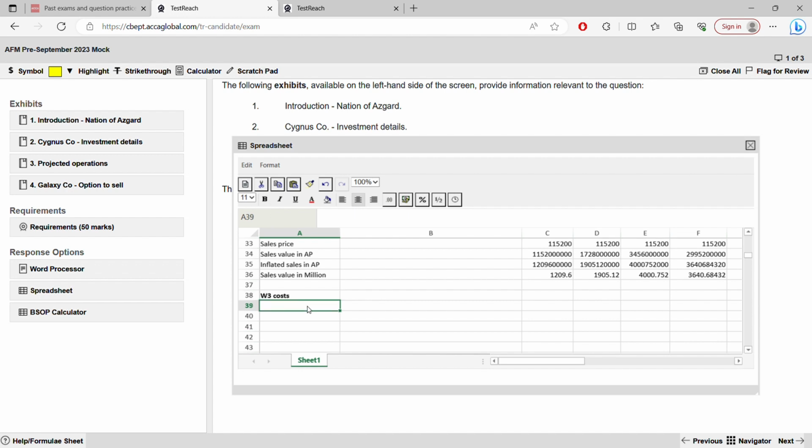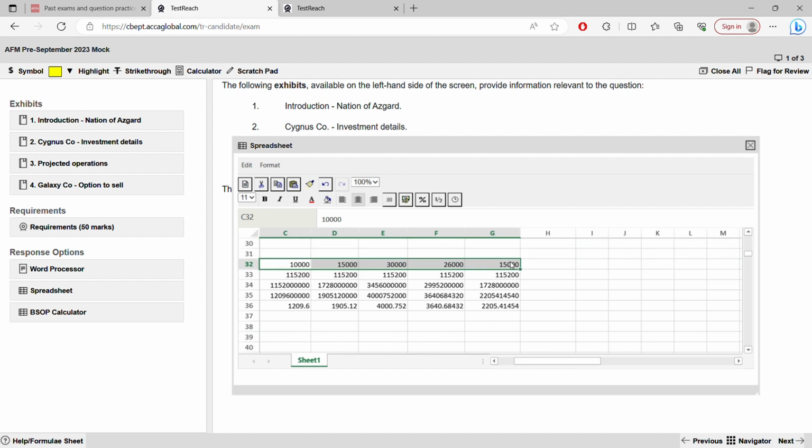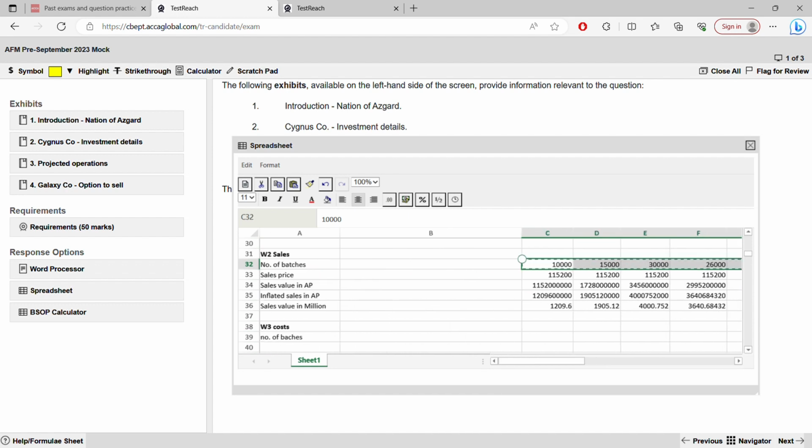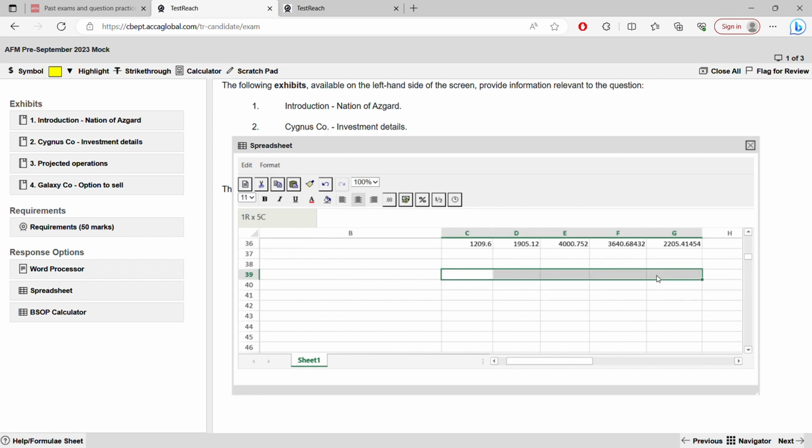Number of batches. You don't have to write, just go to the sales and copy paste. This I can just copy paste because no function has been there. You see?